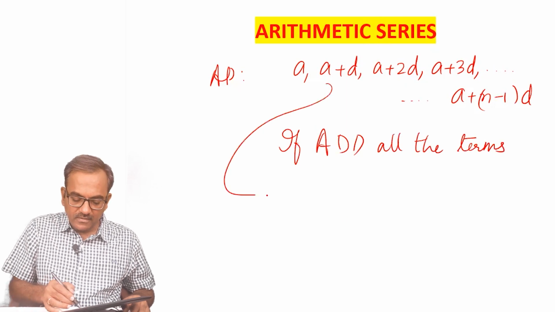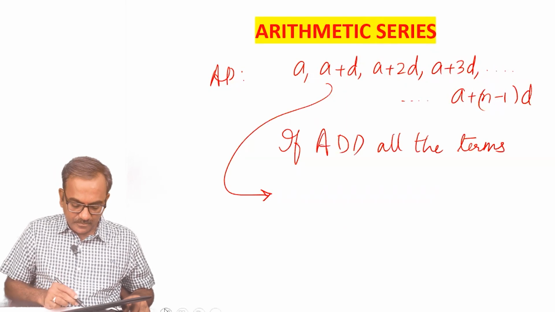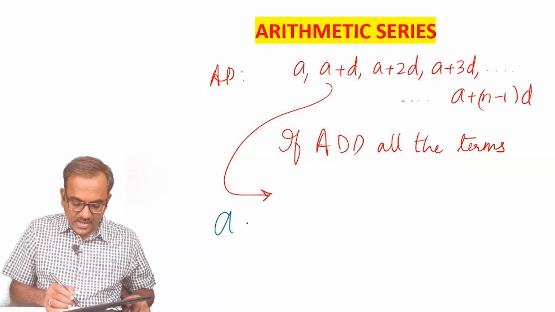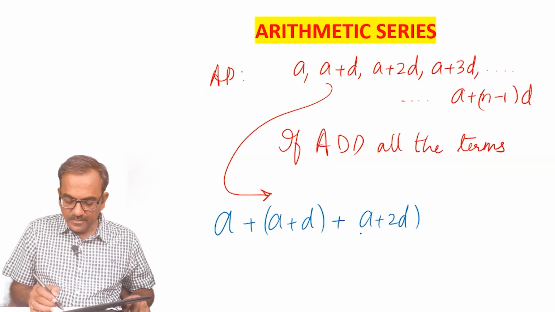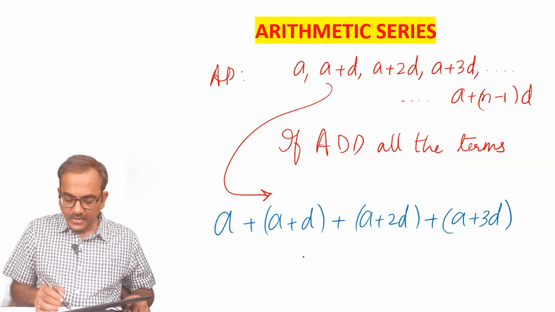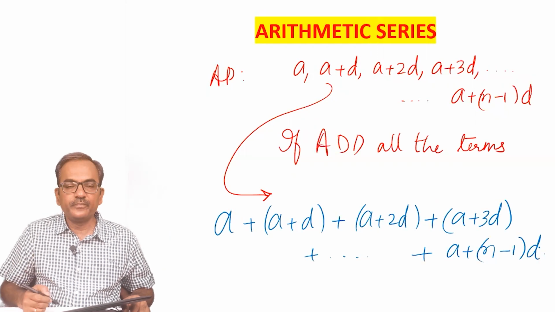What happens to this arithmetic progression when I add all of them? What will I be getting? I will be getting a plus d plus a plus 2d plus a plus 3d plus so on, a plus n minus 1 times d.